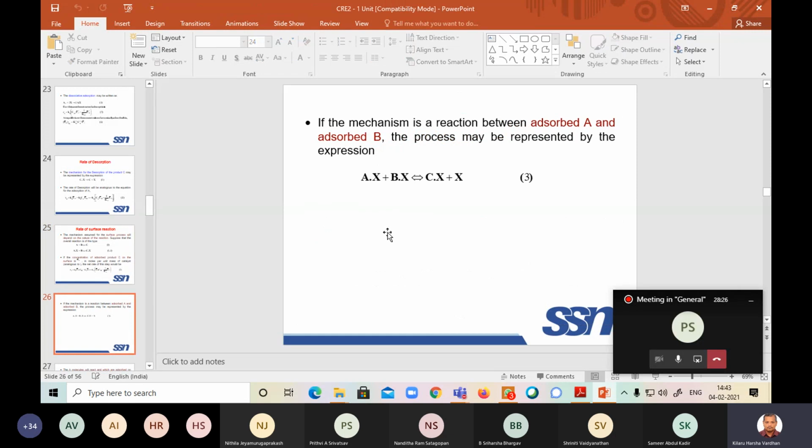This is the surface reaction. You can have one more surface reaction like this. If the mechanism is a reaction between adsorbed A and adsorbed B, then it has to be represented like this. That is, A which is adsorbed plus B which is adsorbed on the active site, X being the active site, gives you C dot X plus X. X is again the active site which is being regenerated once the reaction happens, right?